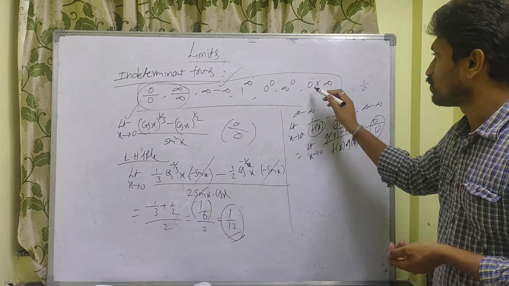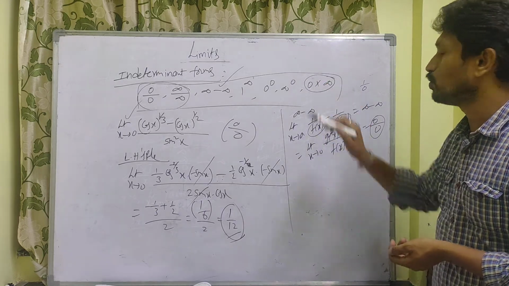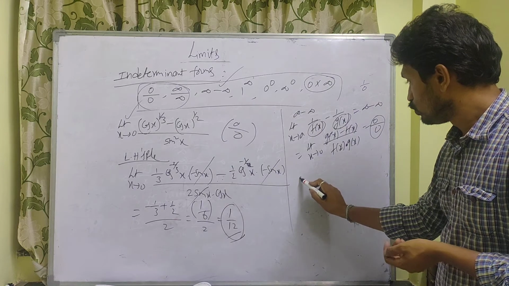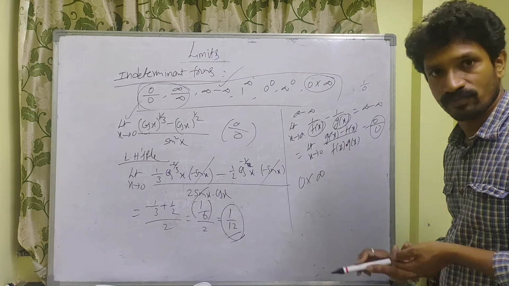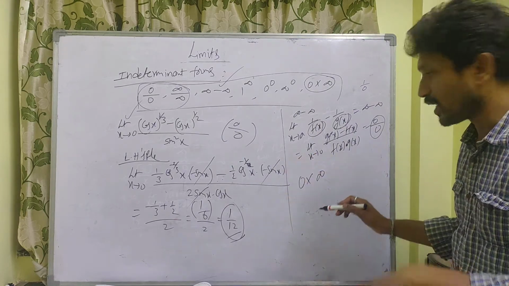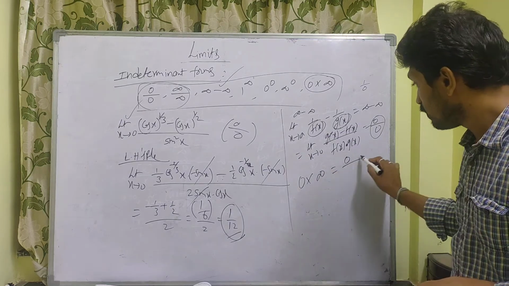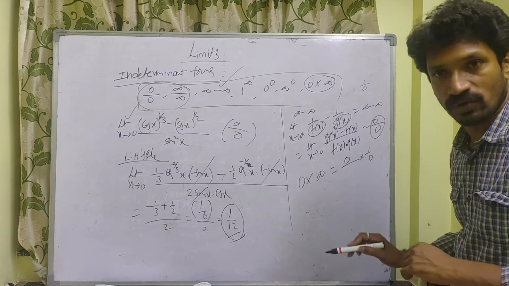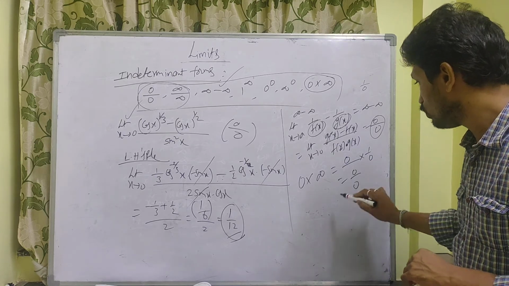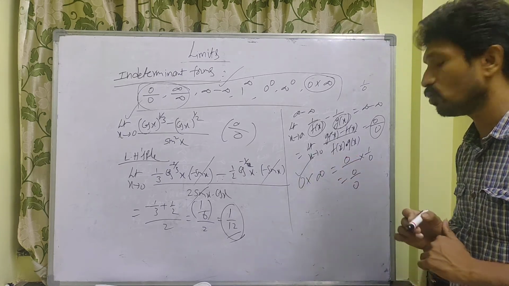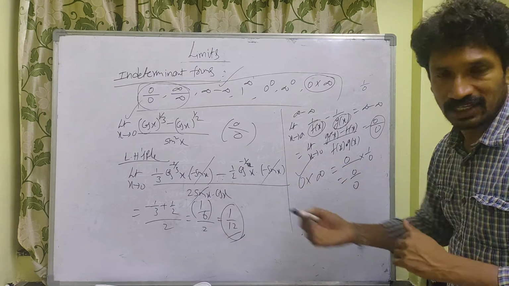Clear? Next one. Whenever you have 0 into infinite, you can attach 0 by infinite; as I already told you, 1 by 0 like that you can write. So this is nothing but 0 by 0. Again this form also we have to do with L'Hospital rule only.